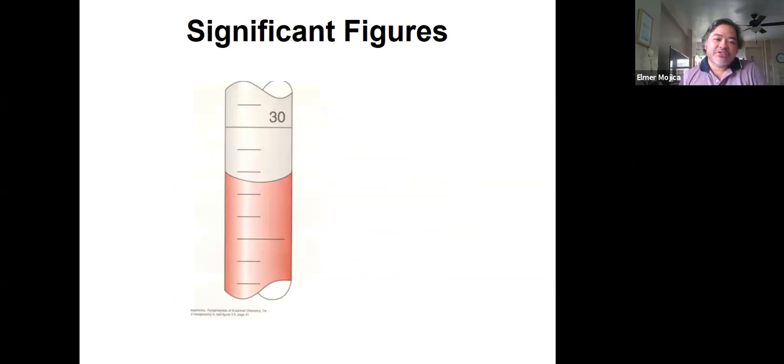How are you going to record this measurement? If you look at this, you have a 30, and then how many lines here? 1, 2. And then you have something between this and this.